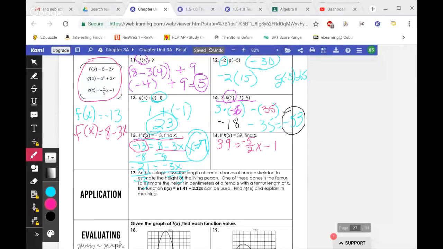Now that's just a regular algebra problem where I want to isolate the variable, and I'm going to add 1 to both sides, because whatever you do to one side of an equation, you have to do to the other. Now I have negative 5 halves x. I'm going to pull up a blank.